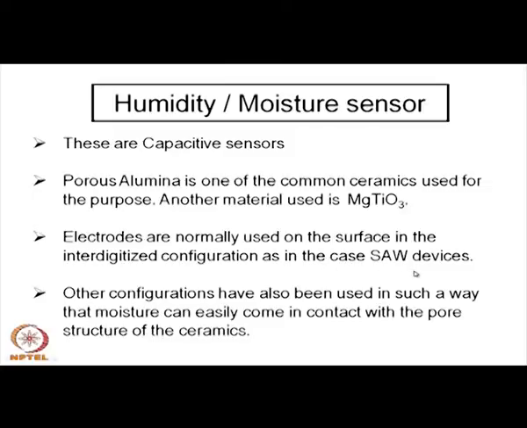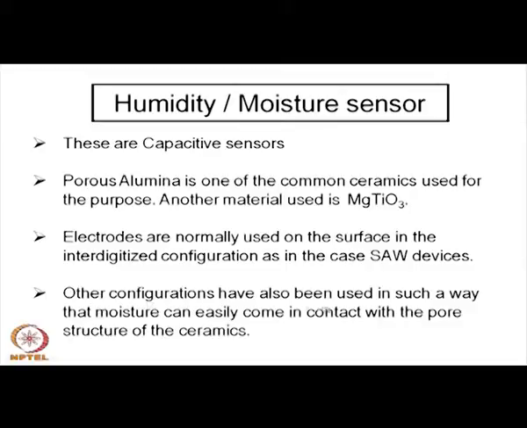So, the electrodes are on the surface in an interdigitized form, and that measures the capacitance. But below that you have a porous structure, and those pores contain different quantities of moisture depending on the humidity condition outside. So, that changes the capacitance, and the variation of capacitance actually is directly proportional to the moisture content.